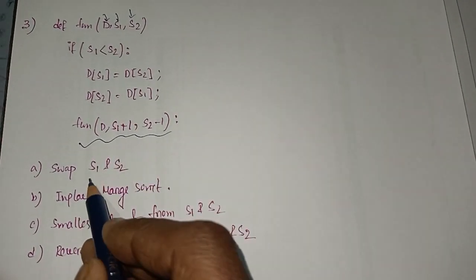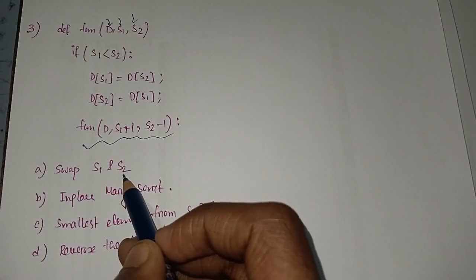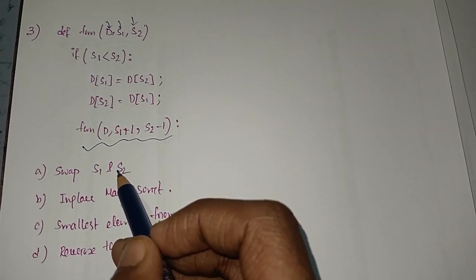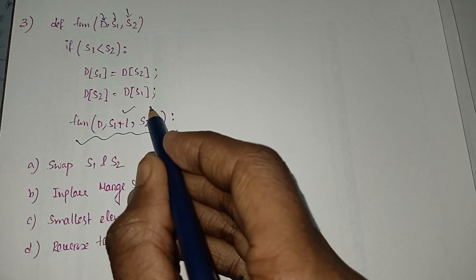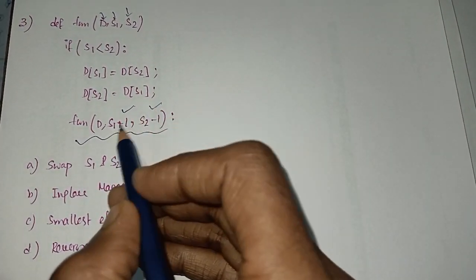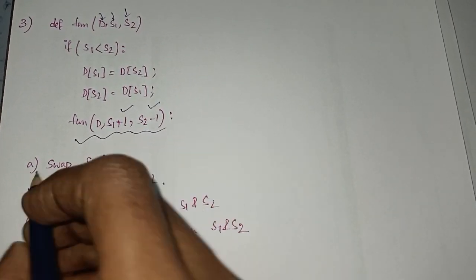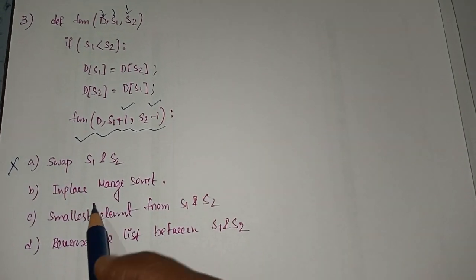So from this we have to check the swap of s1 and s2. If we swap, then the pointer is not being incremented, so the swap option is not possible.